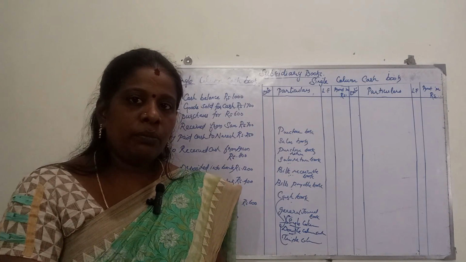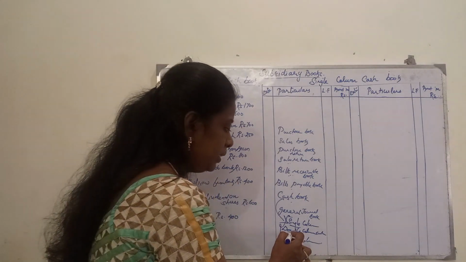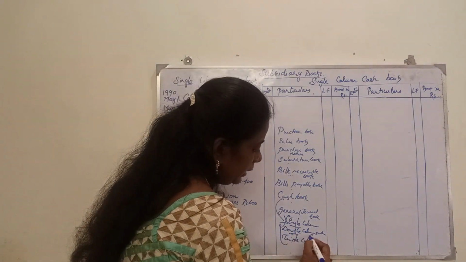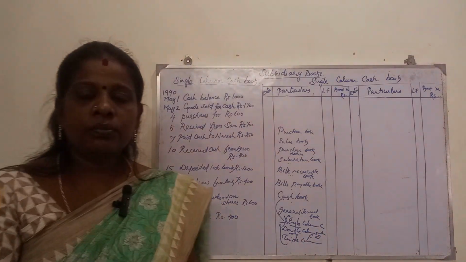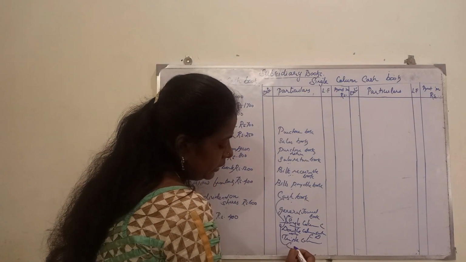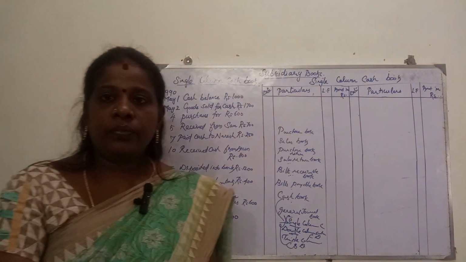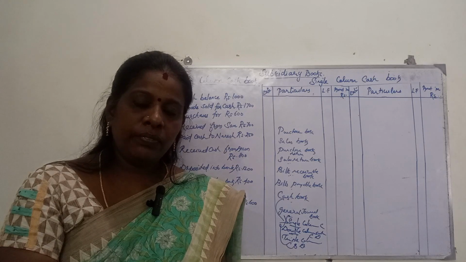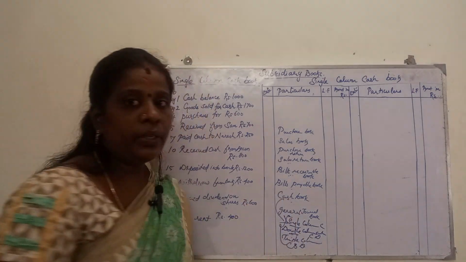Same, discount may be received from our suppliers while purchasing the goods. So all the cash transactions with discounts are mentioned in the double column, cash and discount. In single column, only cash. Triple column means cash transactions, bank transactions, and discount. The transactions with cash, bank, and discount are mentioned in the triple column cash book.